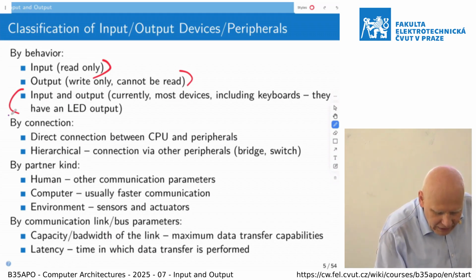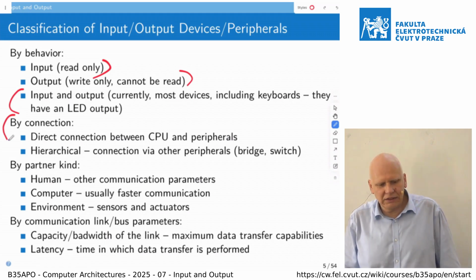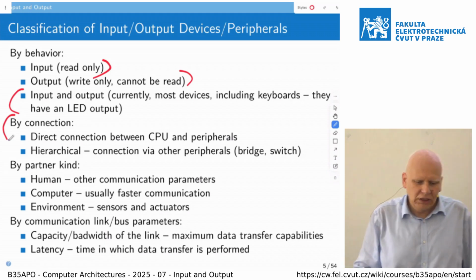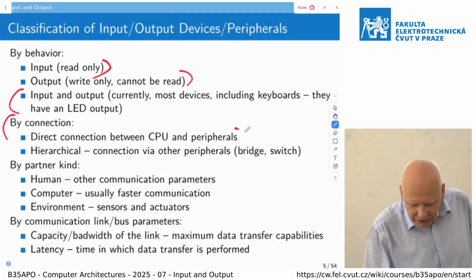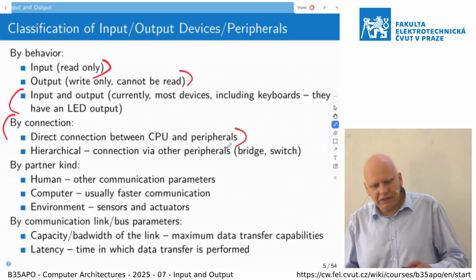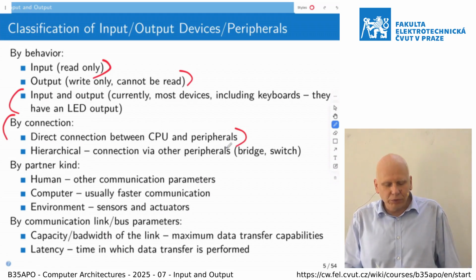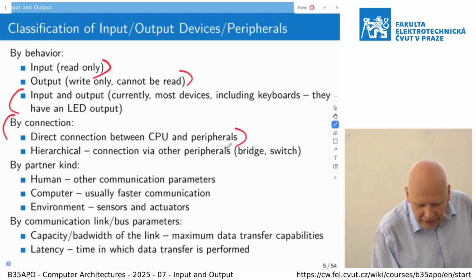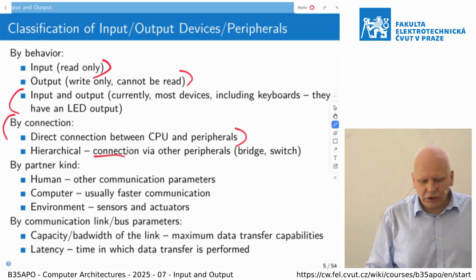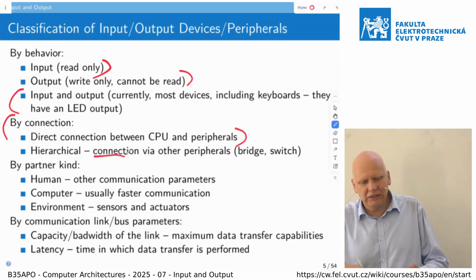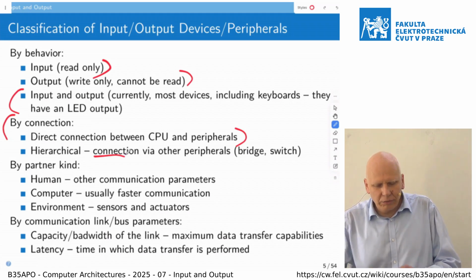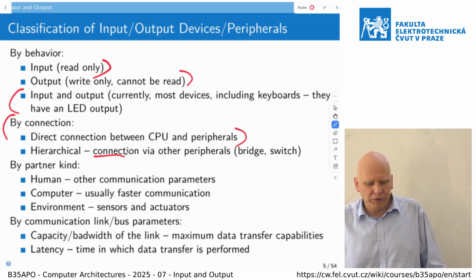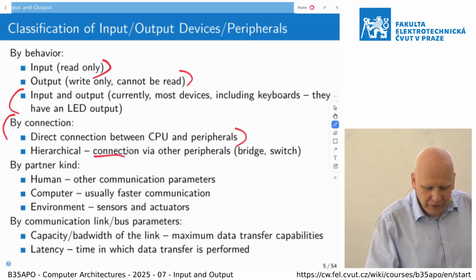Then we can divide the peripherals by connection. There can be a direct connection between the peripheral and the processor, or an indirect connection through some bridges or communication controllers, for example over USB.